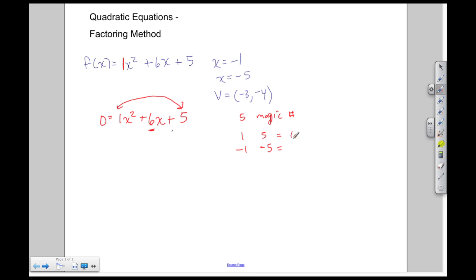So 1 plus 5 does give me 6, so that appears to be correct. And then -1 minus 5 gives me a -6, so I can't use that. So it appears that my two factors are 1 and 5. What I have to do now is set up two sets of parentheses to show my factors. X is to the left, and like I said, a +1 and a +5.